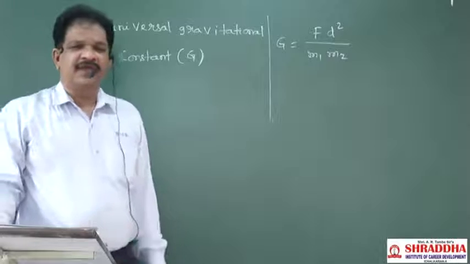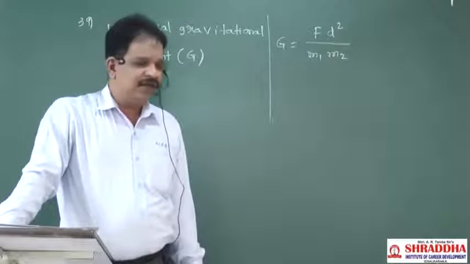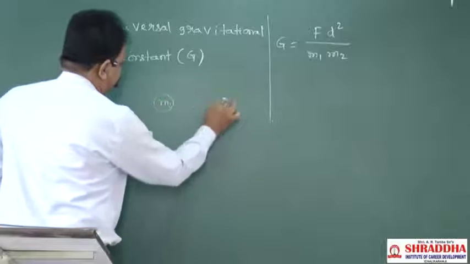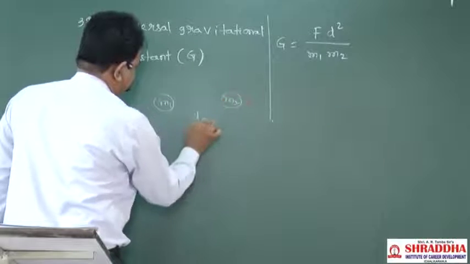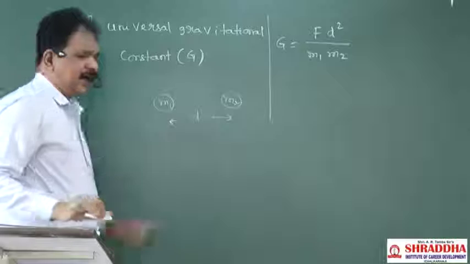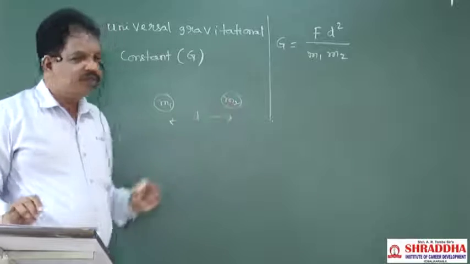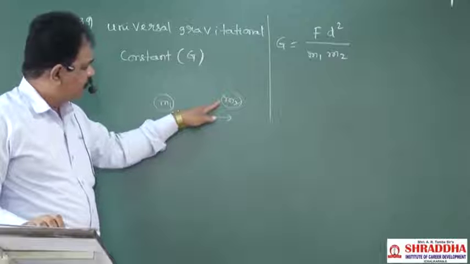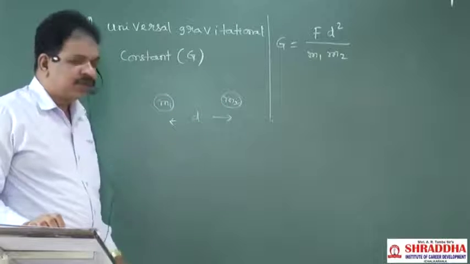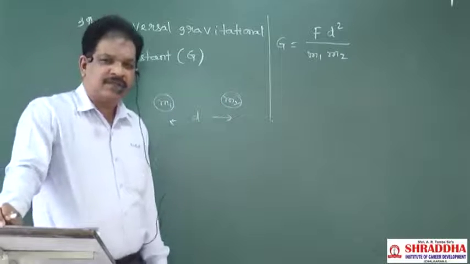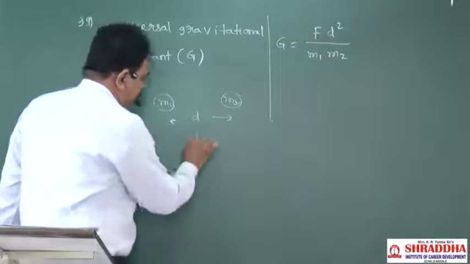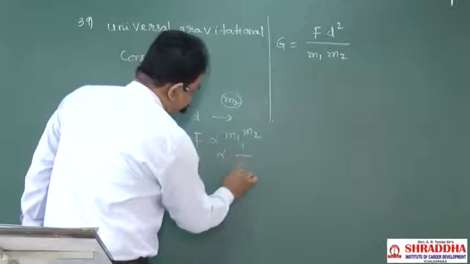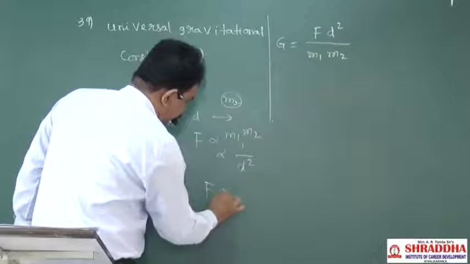Newton's universal gravitational law says that when two masses are separated by some distance, the attractive force between the two masses is directly proportional to the product of their masses and inversely proportional to the square of the distance between them. So F is proportional to m1 m2, F is proportional to 1 by d square.